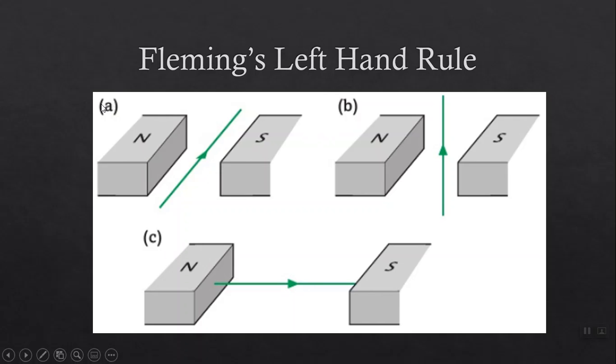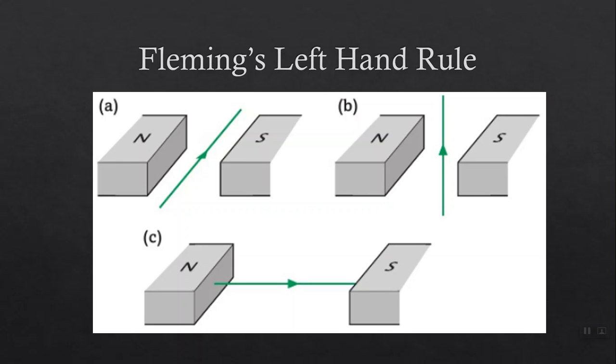Just try part A. You just have your fingers ready and put them in the correct direction. The thumb, the first finger and the second finger. Now you can see in part A, the first finger just after the thumb, you had to point it towards right. Why? Because the magnetic field is from north to south always.